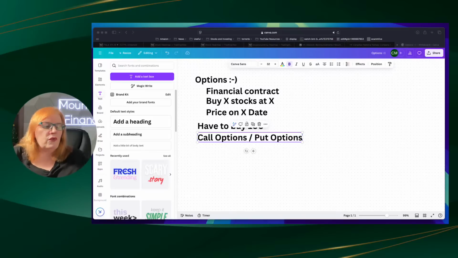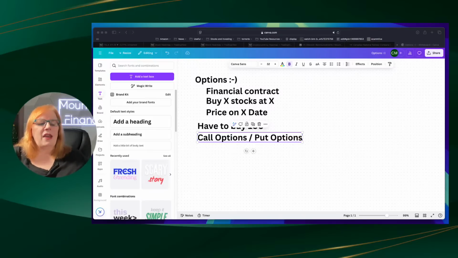This is useful if you think the price is going to go down. So pretty simple. Call, you're expecting the price to go up and you're going to buy an asset. Put, you're expecting the price to go down and you're going to sell an asset. We got those two out of the way.